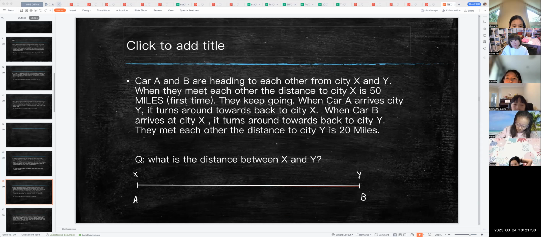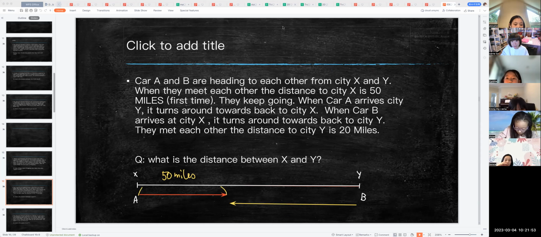I don't know who is faster, A or B, but I just assume B went a little bit more. I can always exchange later. They meet the first time, so this distance is 50 miles. Get it, everybody? That is the first 50 miles.